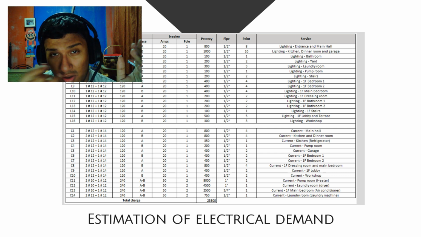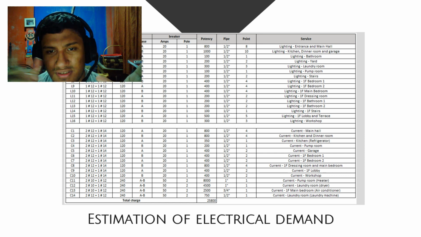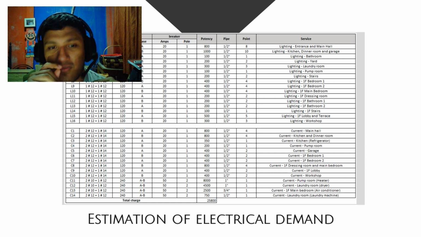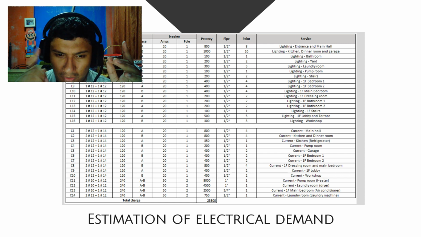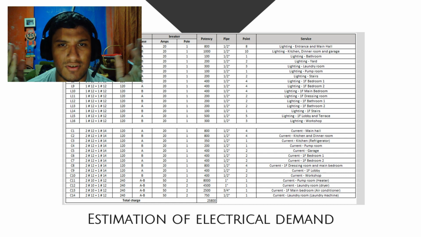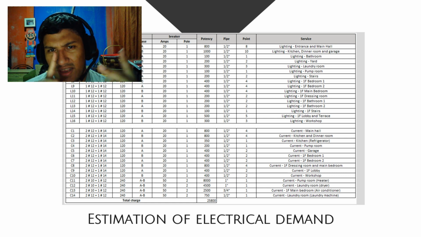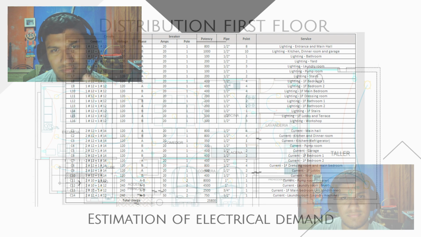The phase refers to where in the breakers the lights and outlets go, then the number of poles, the amps, and the voltage. Referring to the voltage, we have a list of four special connections: the air conditioner, the heater in the pump room, the laundry machine, and the wash machine.